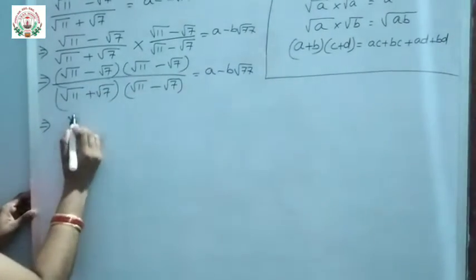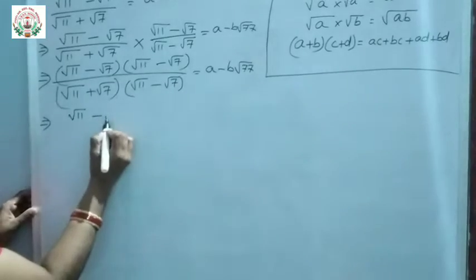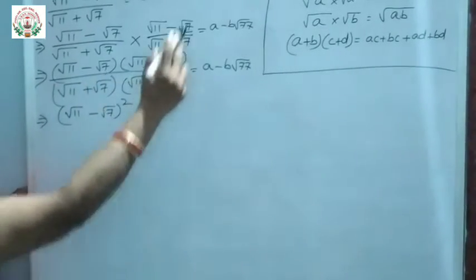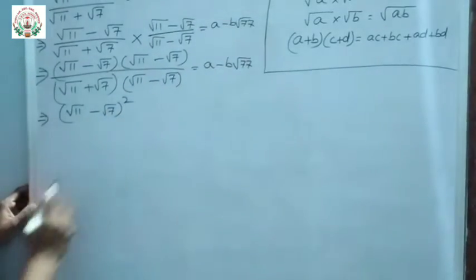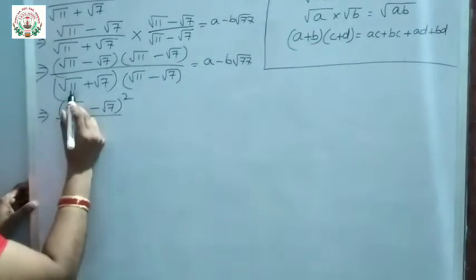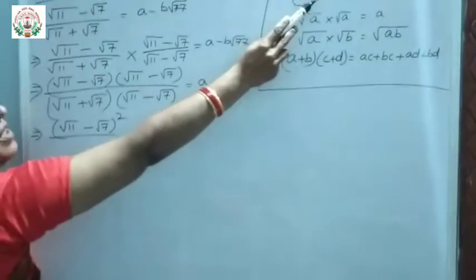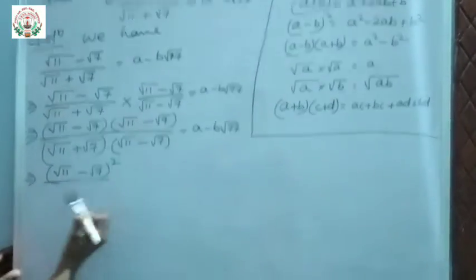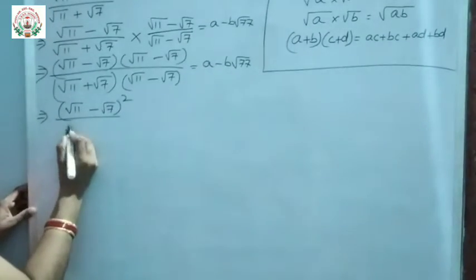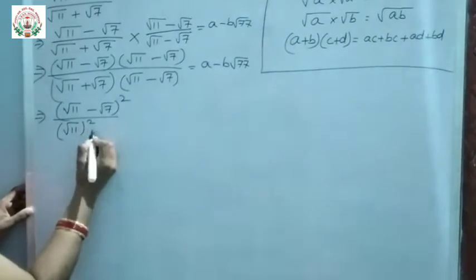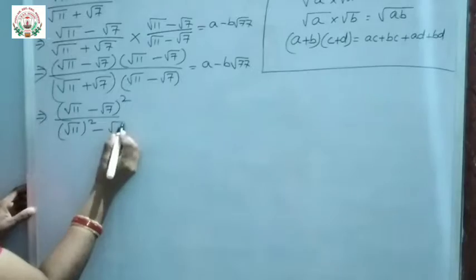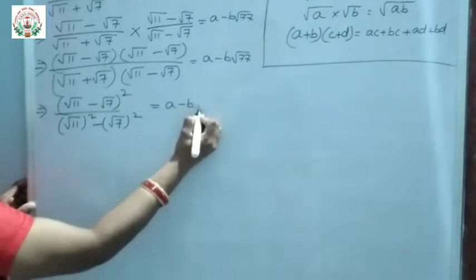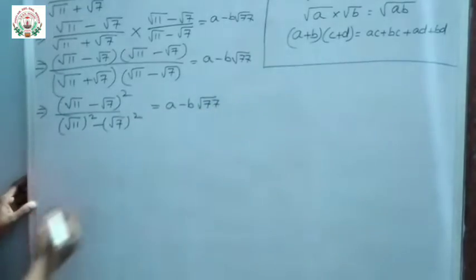Here it is in the form of root 11 minus root 7 whole square, because a minus b into a minus b will be a minus b whole square. Upon, this is a plus b into a minus b formula, so it will be a square minus b square, that is root 11 whole square minus root 7 whole square, which equals a minus b root 77.